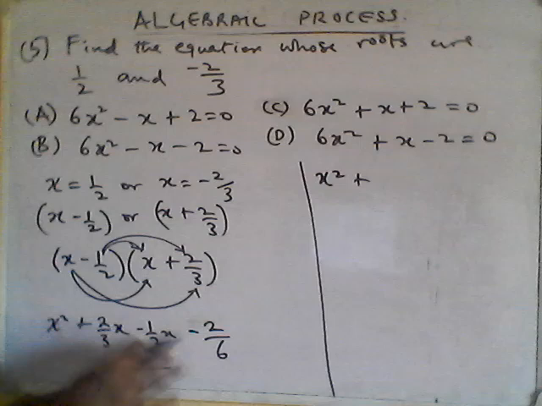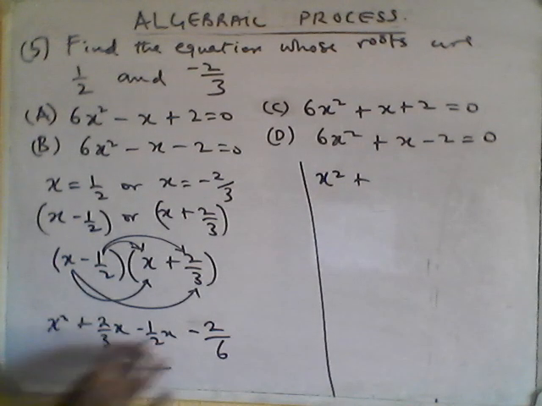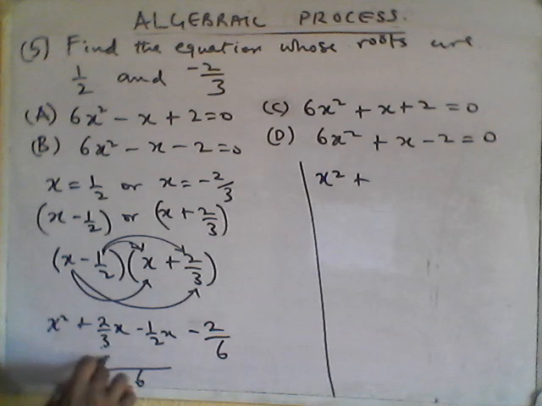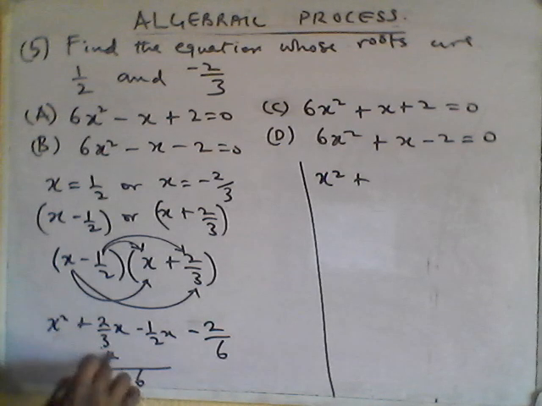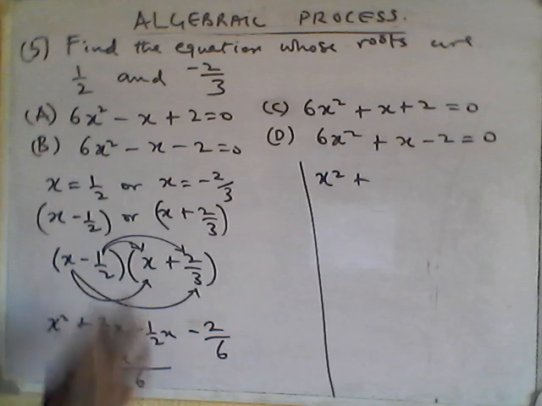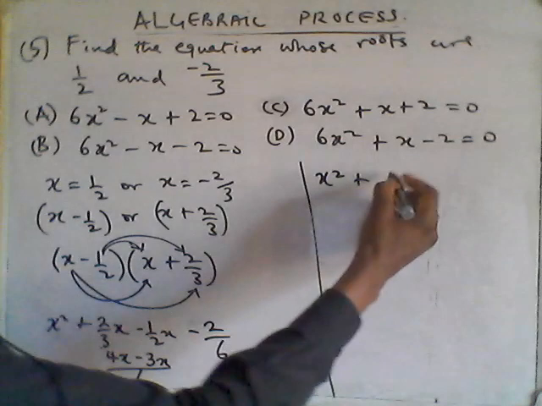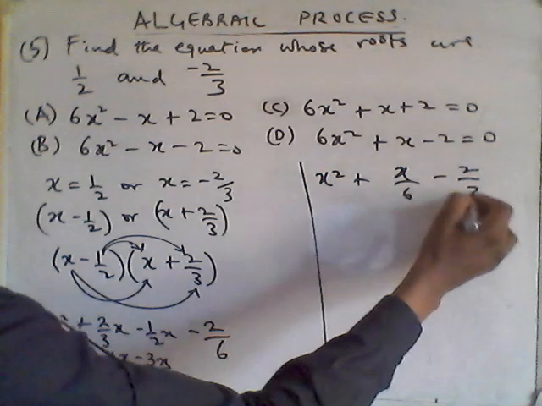This and this, I want to find their LCM. 3 and 2 is 6. 3 into 6 is 2 times. 2 times 2 is 4. 4x minus 2 into 6 is 3 times. 3 times 1 is 3. Okay, so 4x minus 3x is x. So what I have here is x over 6, then minus 2 over 3.